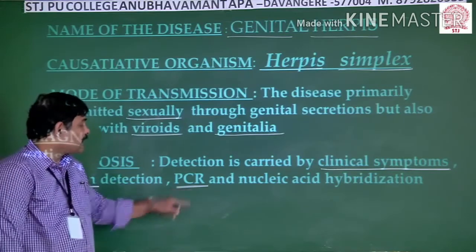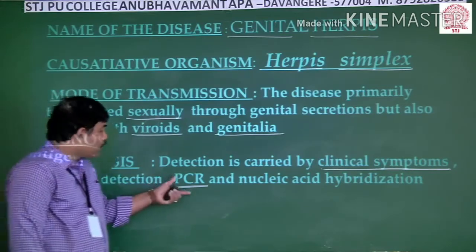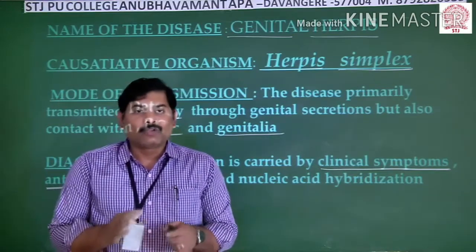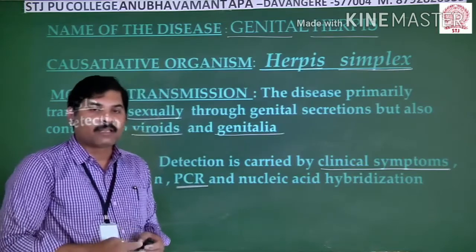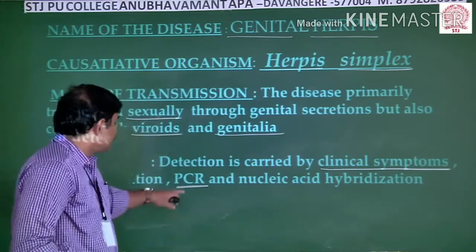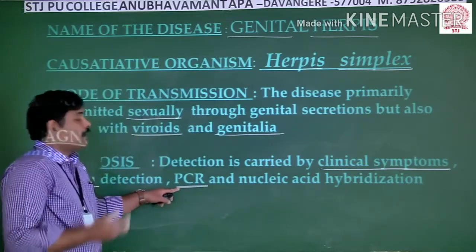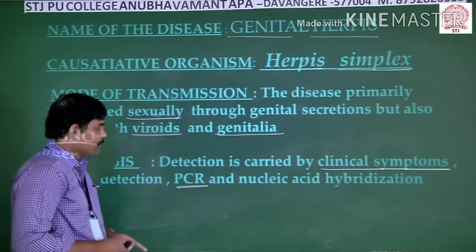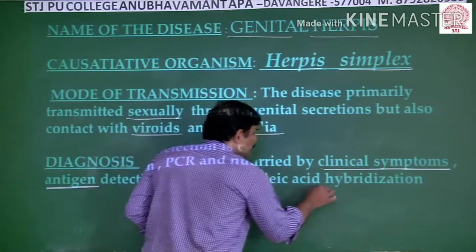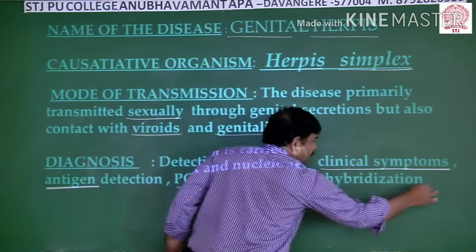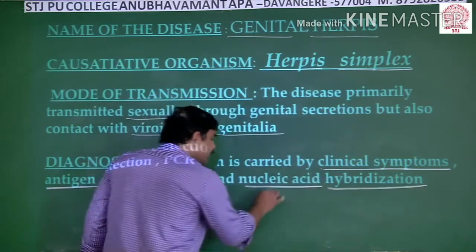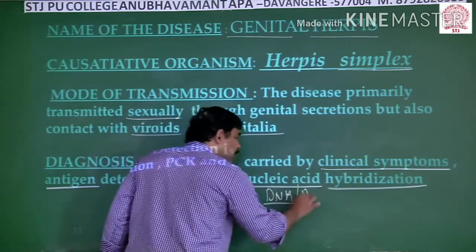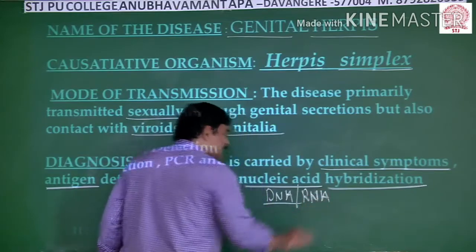This is the polymerase chain reaction. You have to study this polymerase chain reaction in more detail in the biotechnology unit, which we are going to study in the coming sessions. So that is the polymerase chain reaction. This test is helpful to us for diagnosis of this disease. Thereafter, nucleic acid hybridization. Nucleic acid hybridization includes DNA or RNA hybridization.